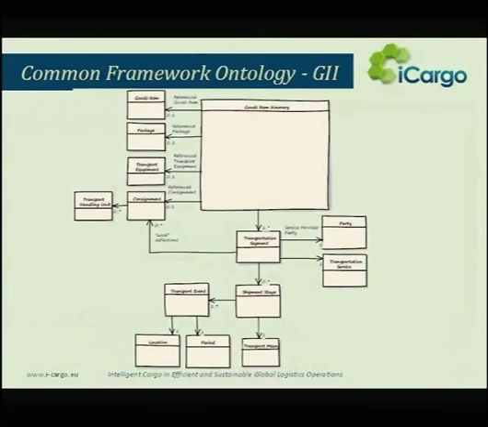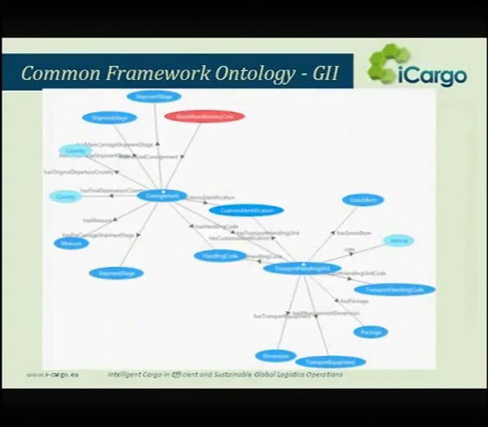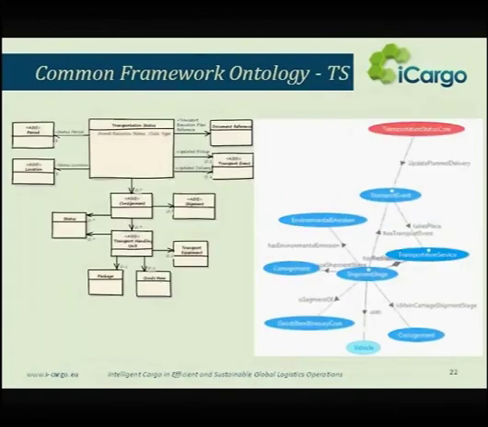In the case of the goods item itinerary, the same has been done. This is the UML format, and this is how it has been formalized as ontology. And to finalize with the transportation status message, here you can see the UML format and how the ontology has been developed.